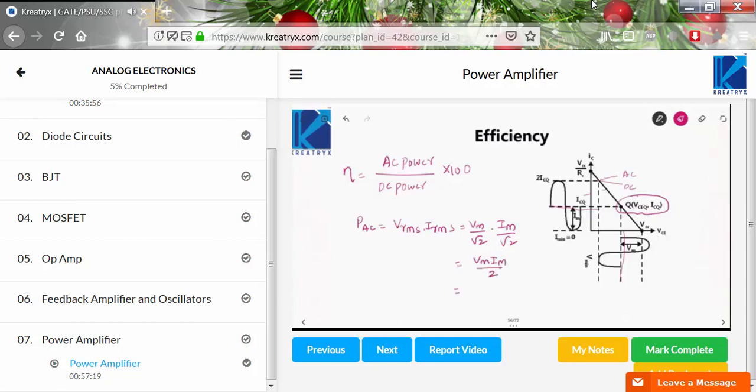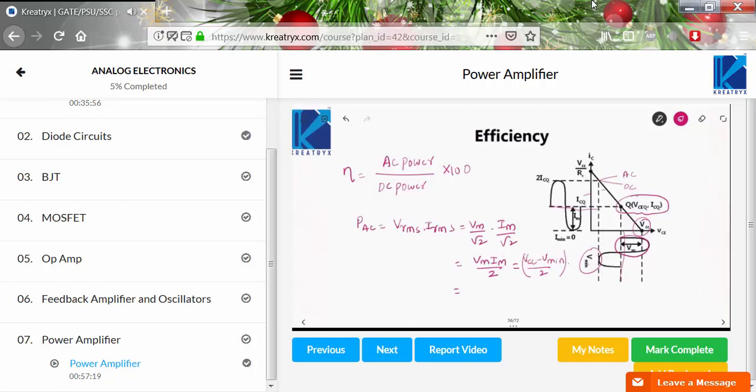From the figure, what about the Vm here? Vm is nothing but V_CC minus V_min by 2, right? And what about the Im value?